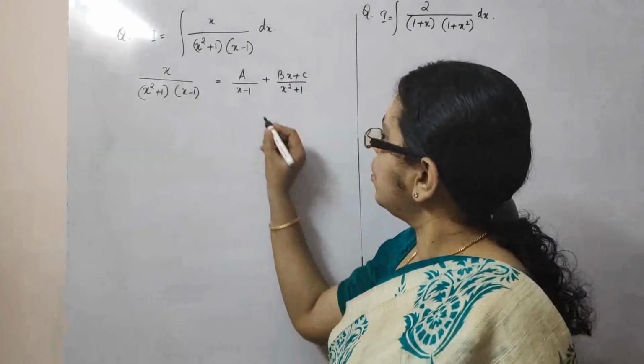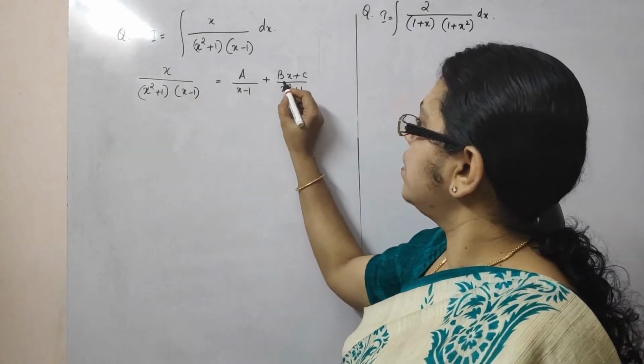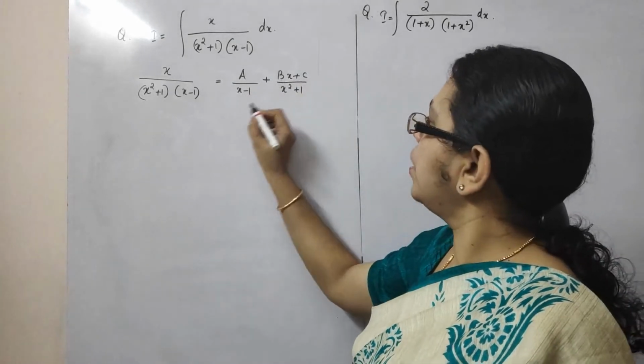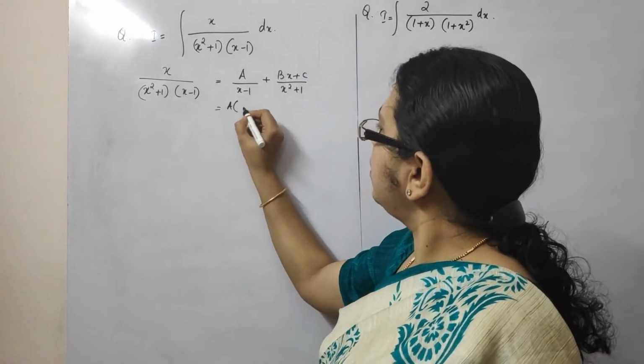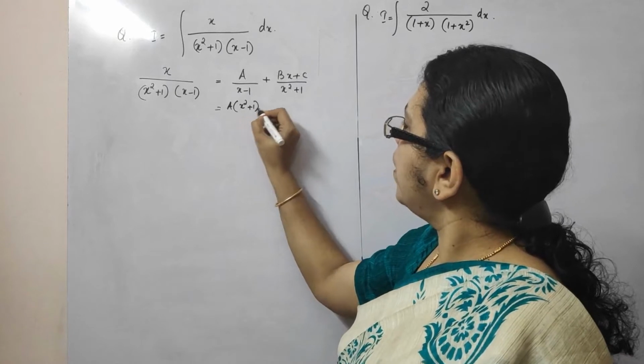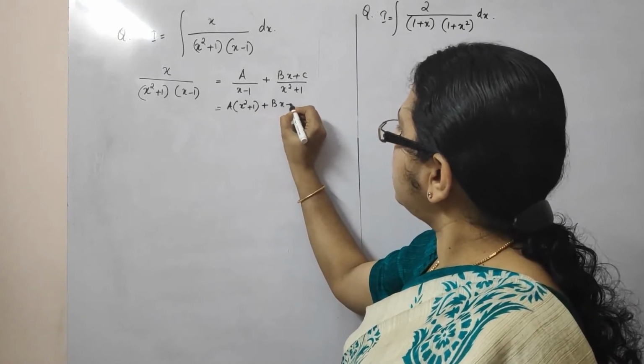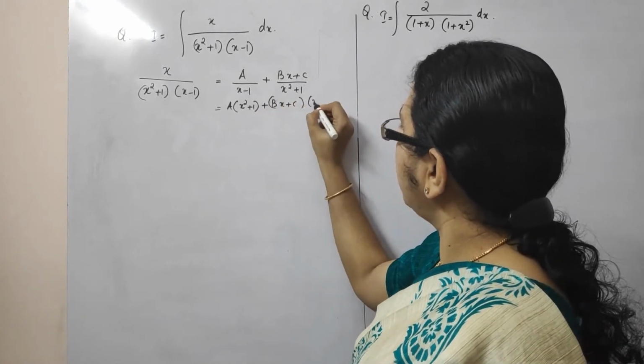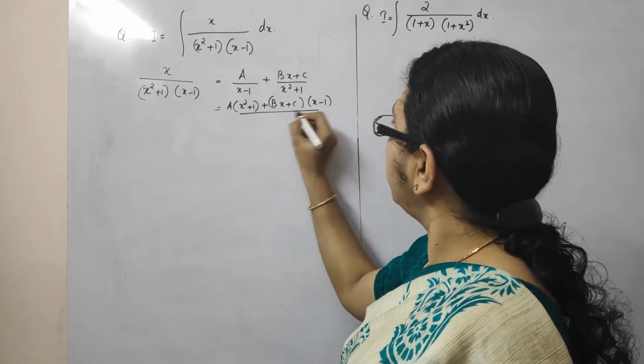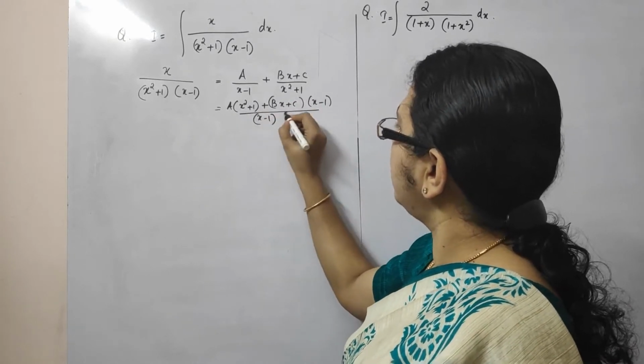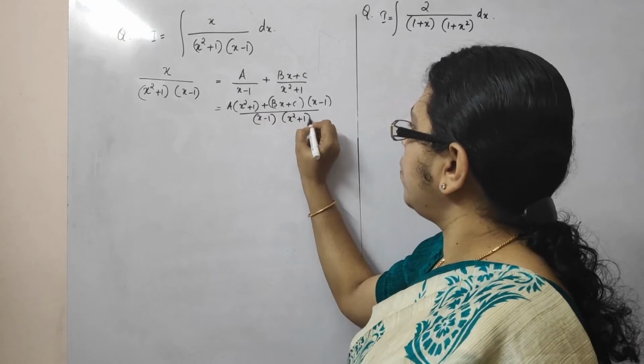Am I clear? So here there are two unknowns, degree is 2, there are two unknowns. So this is a into (x square plus 1) plus (bx plus c) into (x minus 1), the whole divided by (x minus 1) into (x square plus 1).